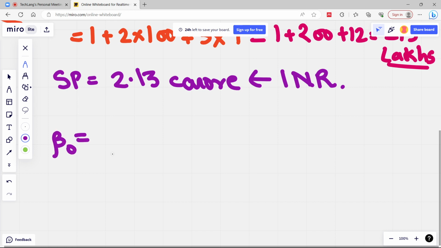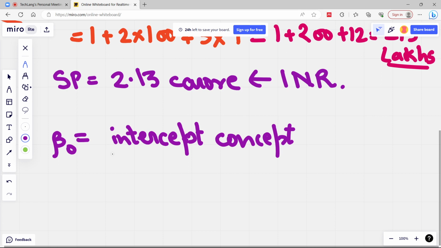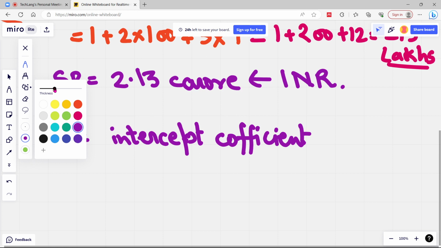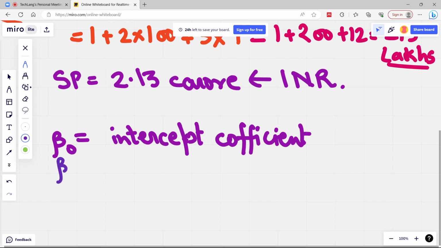Beta 0 is the intercept coefficient, and I'll come to this point again. And what is beta 1? Beta 1 to beta 2 are slopes, right? Slope coefficients.